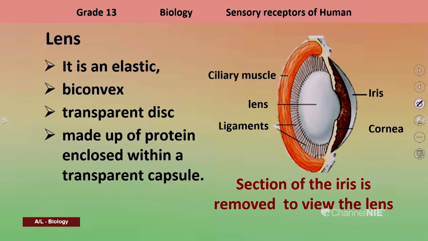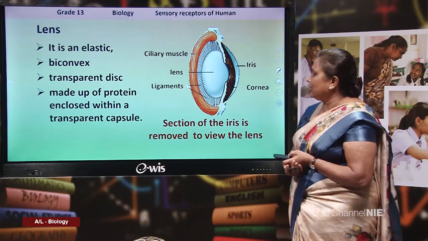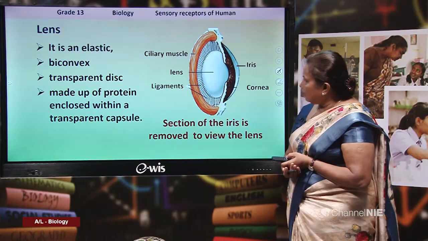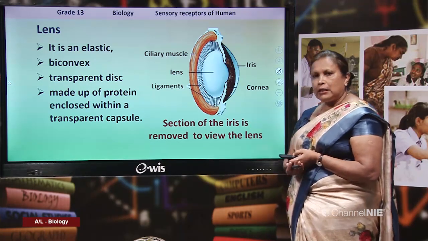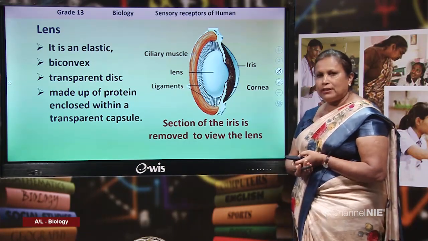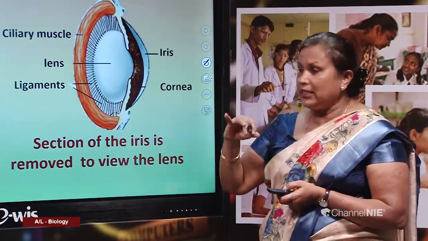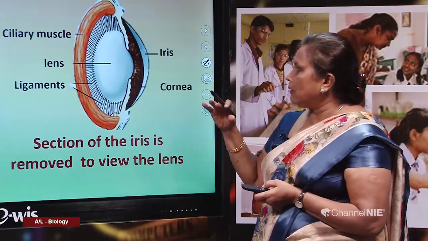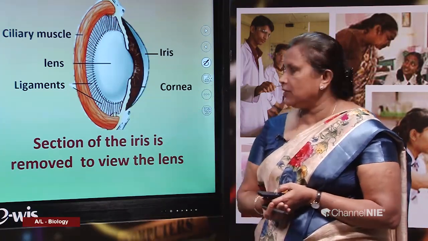Then the lens is also a very important structure, important for refraction of the light. In addition to the cornea, this is another very important structure, which has the ability to change its convexity and refraction power.